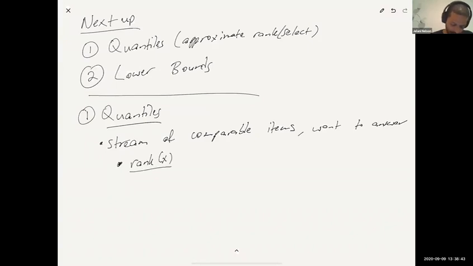And let's say we see a stream of n comparable items, where n is the length of the stream. What is the rank of x in the sorted order of all the stream items seen?